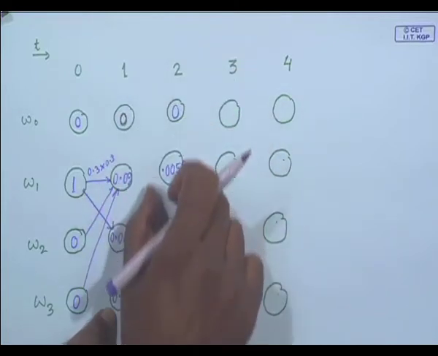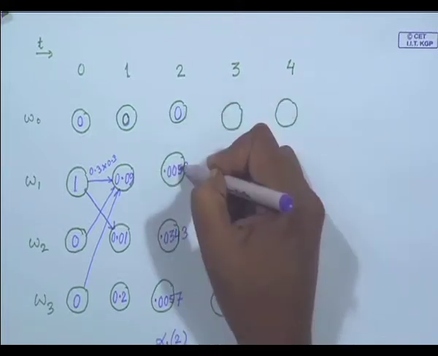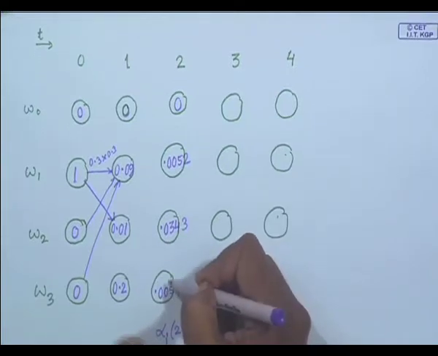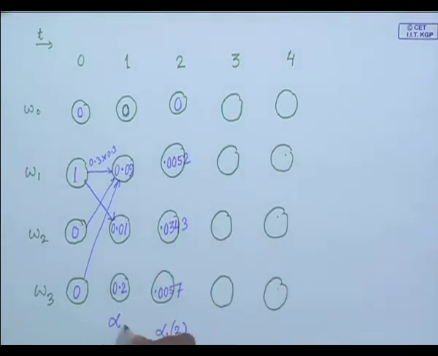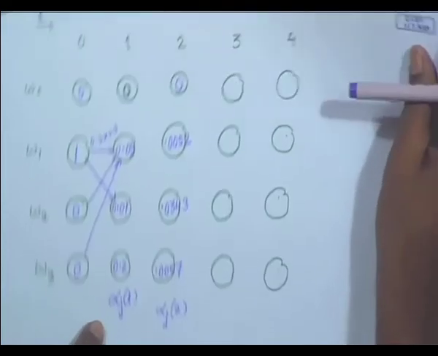So over here what I get is alpha j at time step 2 for all j. This is for j equal to 0, this is for j equal to 1, j equal to 2, j equal to 3. This gives alpha j 2 for all j.